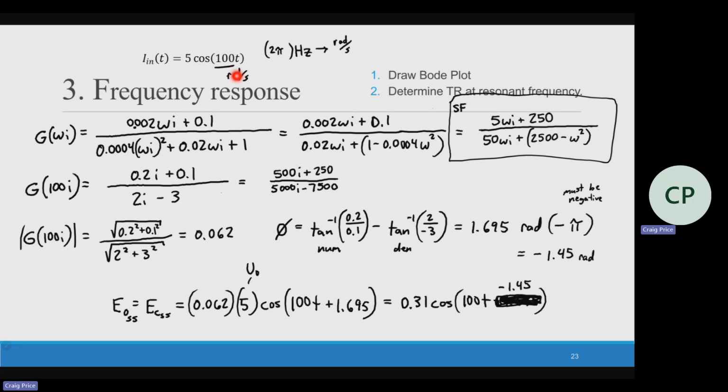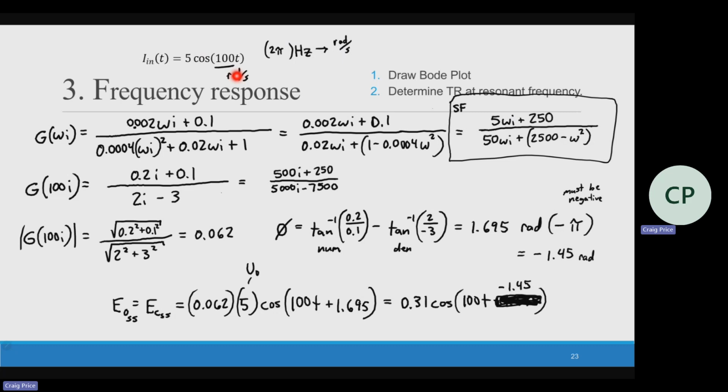In the second quadrant, if I do this and I get a positive number, I cannot have a positive phase angle. It always has to be trailing. I can't get ahead of it. It may look like it's slightly ahead, but we have to subtract pi. So we get a negative 1.45. So if you end up with a positive number, subtract pi, and we get our negative phase angle.